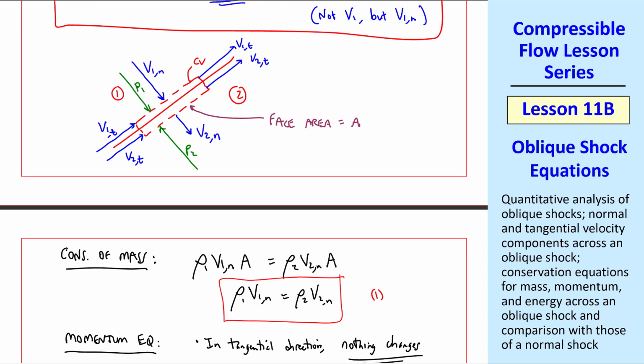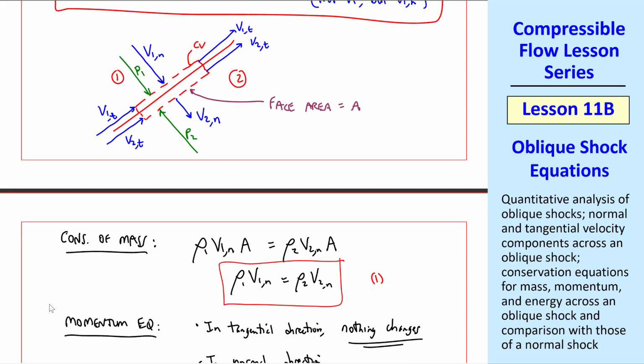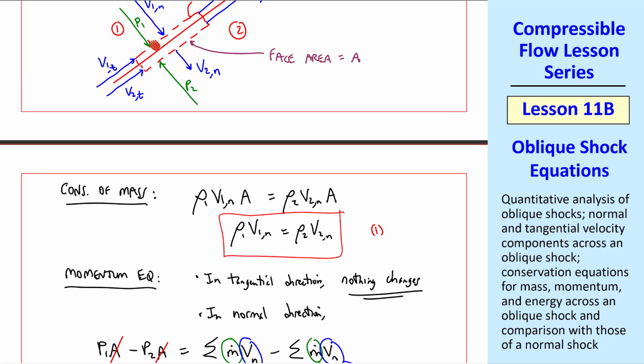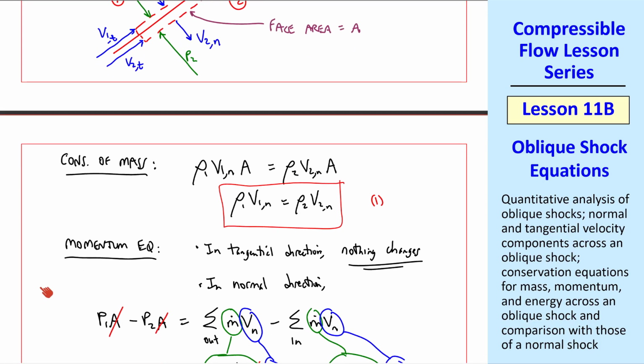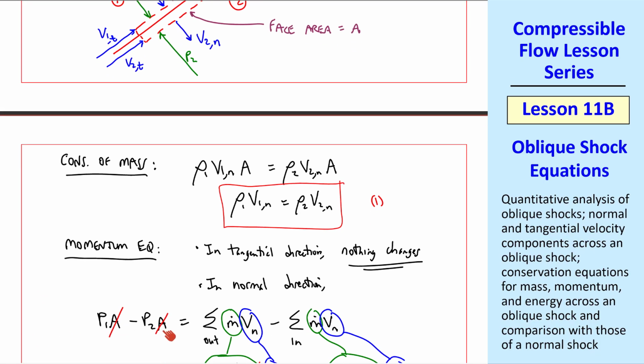For the momentum equation, nothing changes at all in the tangential direction, so we need to consider only the normal direction. We have P1 A acting in this direction, and an opposing P2 A acting in that direction, and we expect P2 to be larger. So our momentum equation is P1 A minus P2 A equals the sum over all the outlets of m dot vn, the normal direction, minus the sum over all the inlets of m dot vn.